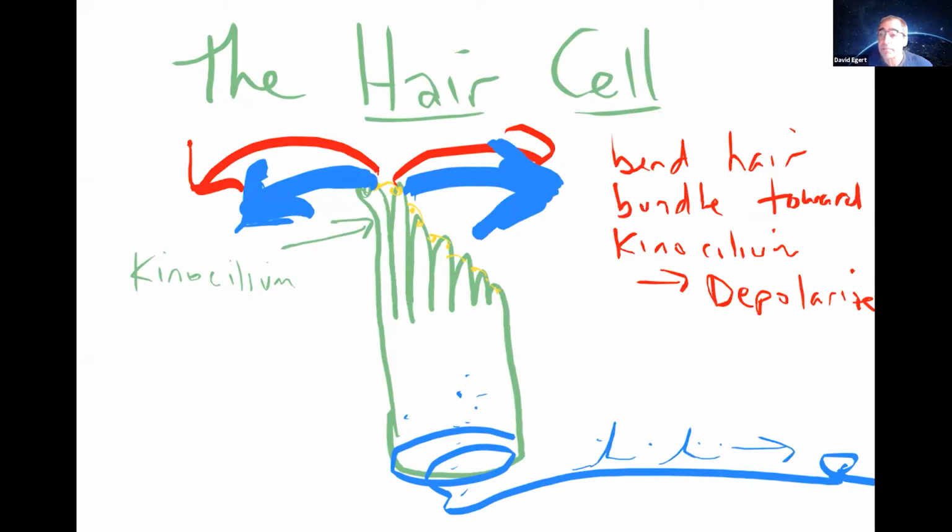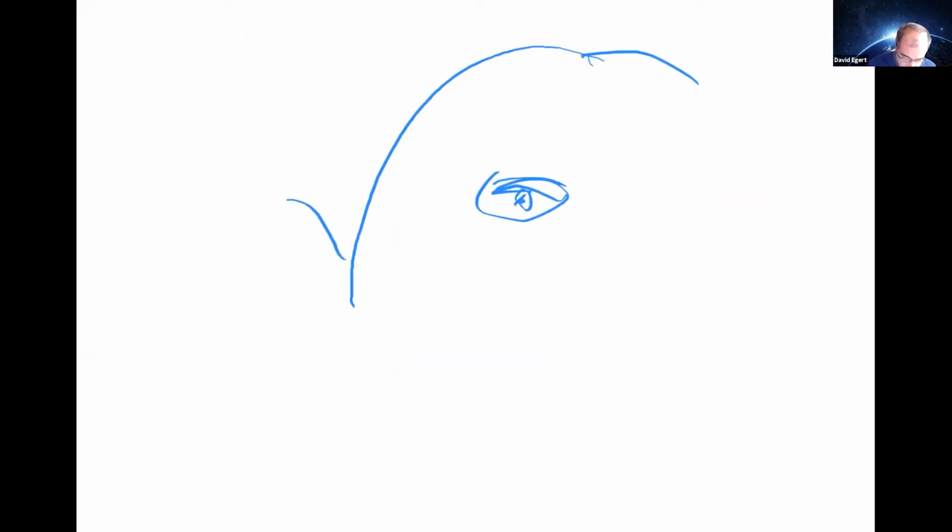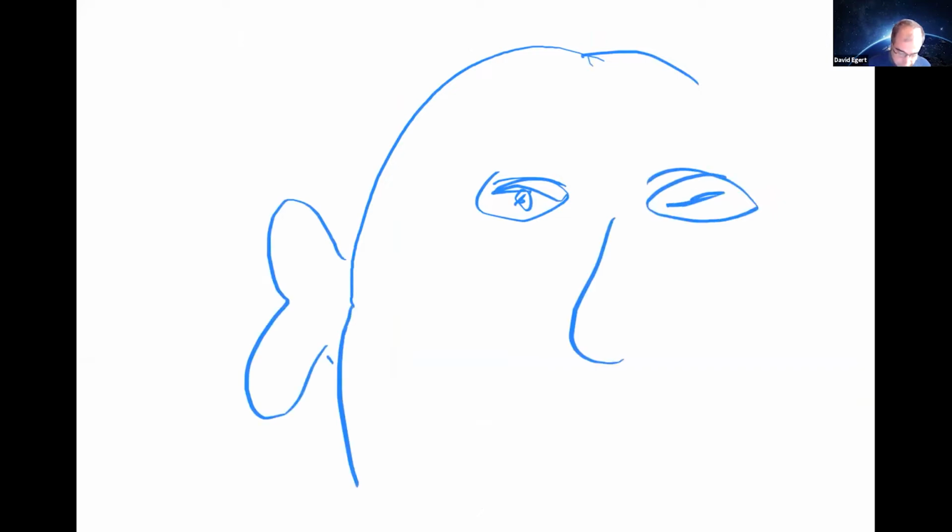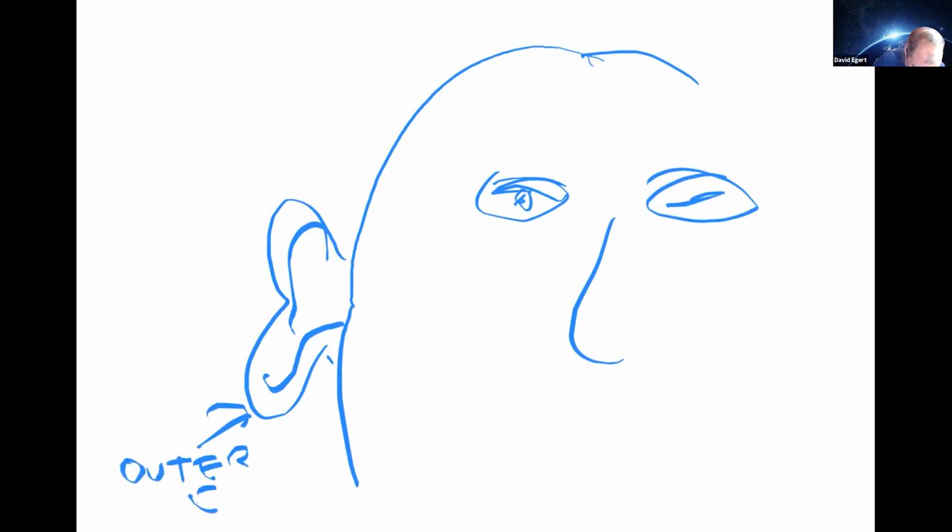So we now need to back up and think about the ear in the big picture of your head. Usually you don't really think much beyond what's called the outer ear, or the auricle.